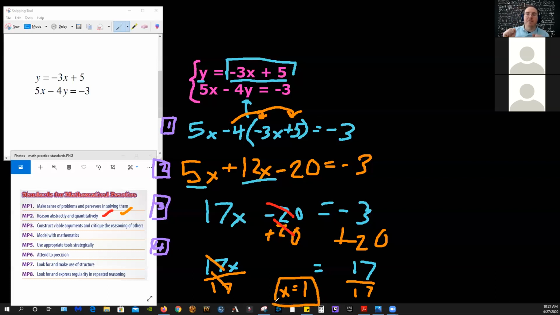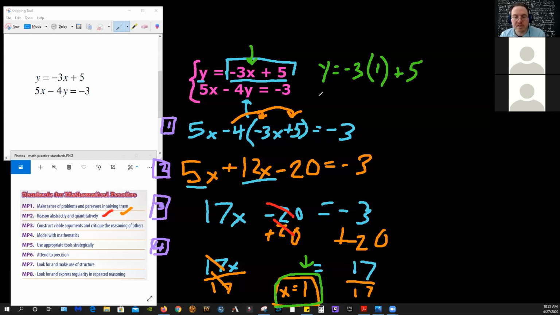Now that's only half our answer. So now what we do is we take that number and we go back to the very original problem and we jam it in right there and see what we get. So y equals -3 times this value, which is 1, because that's our x value, plus 5.